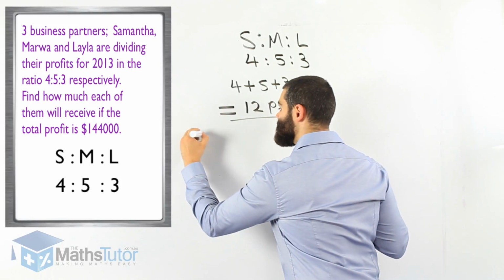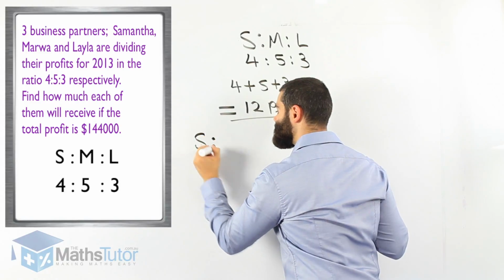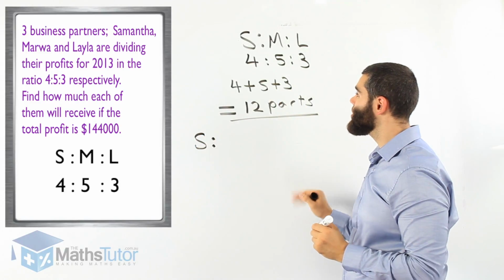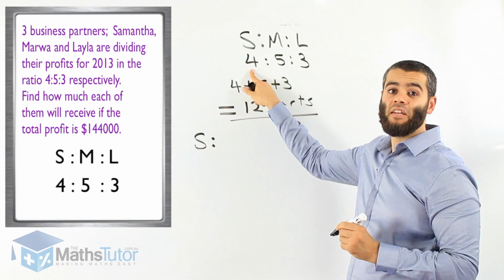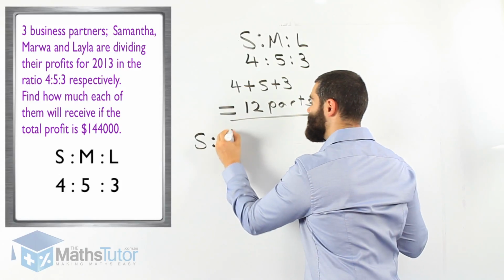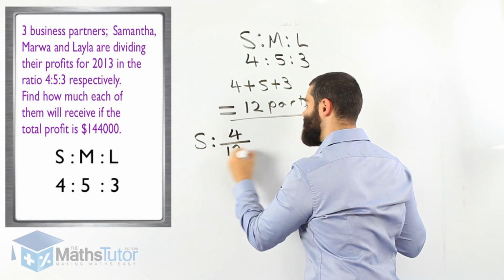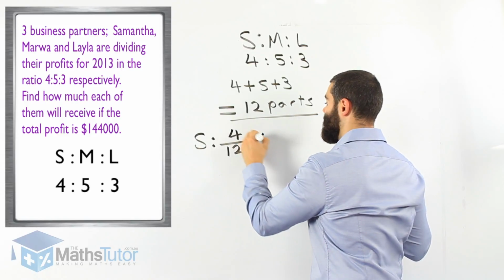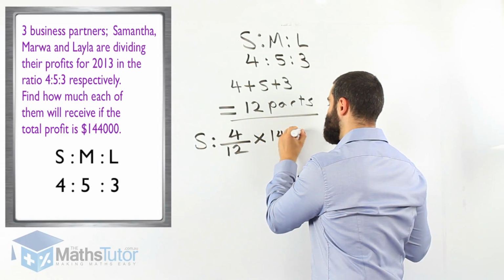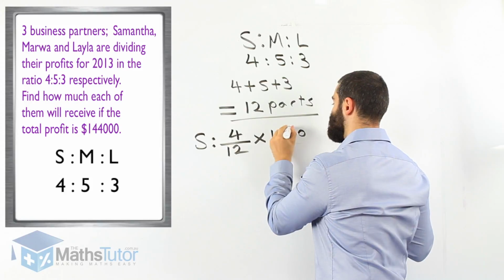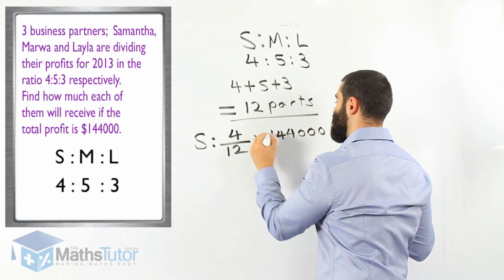Let's put Samantha's name as S. She's going to get how many parts? She's going to get 4 out of the total 12 parts times $144,000.